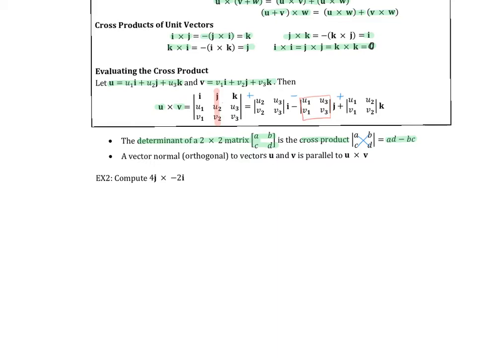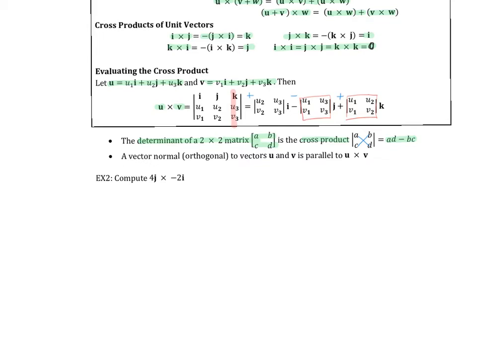Similarly, if we block out our k column, then what's left over is going to be u sub 1, u sub 2, v sub 1, v sub 2. So that's how you figure out these cross products. Just block out a column.